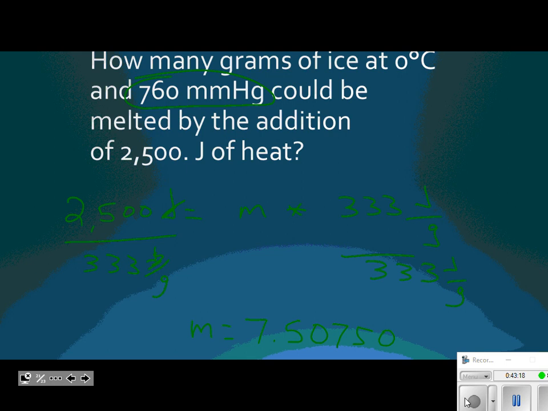I'm going to use this one right here, which has 4 sig figs. So, once I round this, that's going to tell me that if I have 0 degrees Celsius, I have ice, I have 2,500 joules of energy, I can melt 7.508 grams of ice.